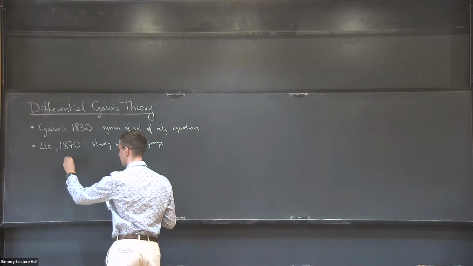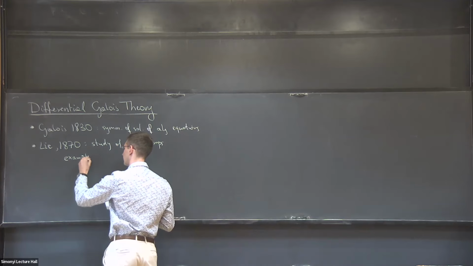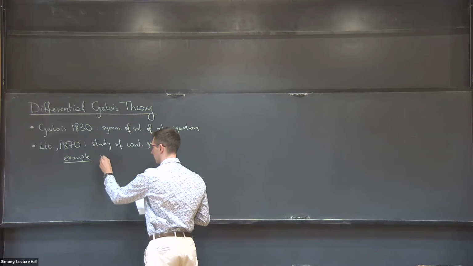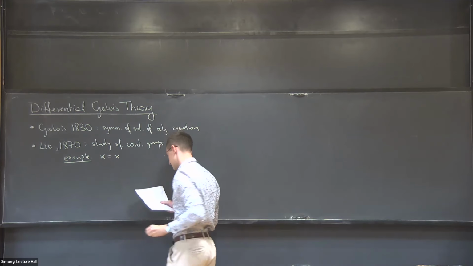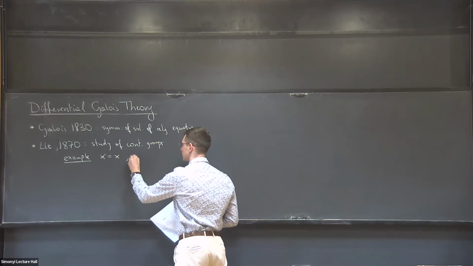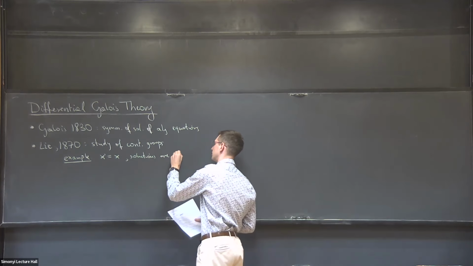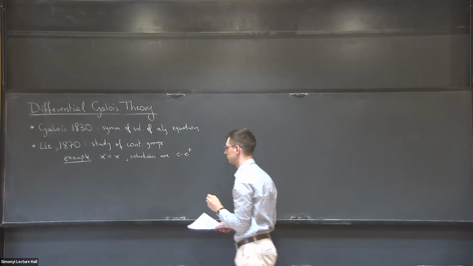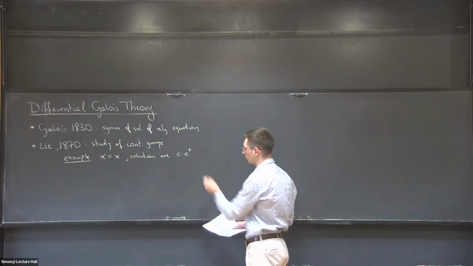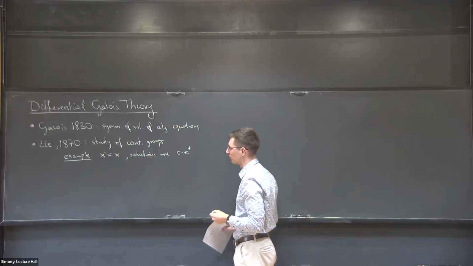So, for example, if we look at the equation x prime equals x, then solutions are c times e to the t, where the derivative of t is 1.